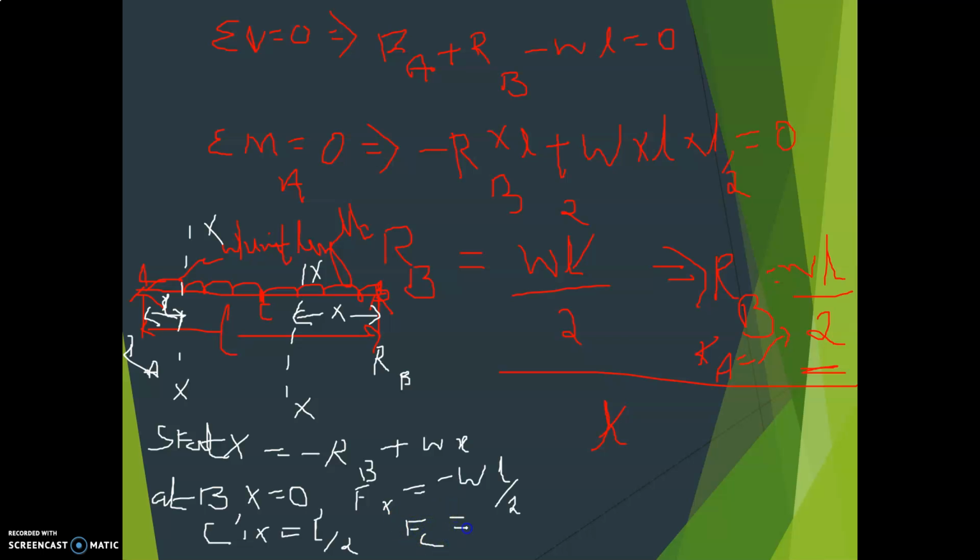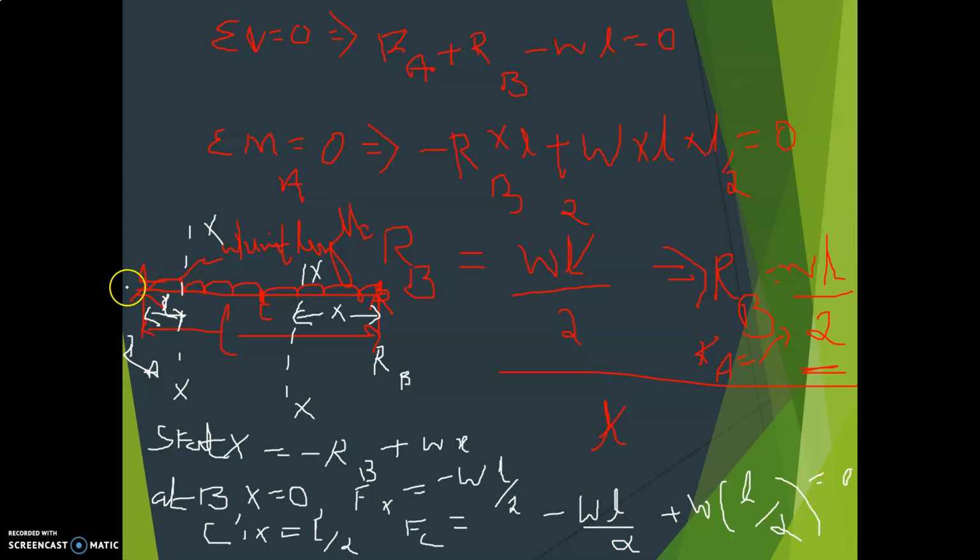FC is equal to minus RB, that is WL divided by 2, plus W into X, where X is equal to L divided by 2. So it becomes minus WL divided by 2 plus WL divided by 2. So it becomes 0. At C, shear force is equal to 0.